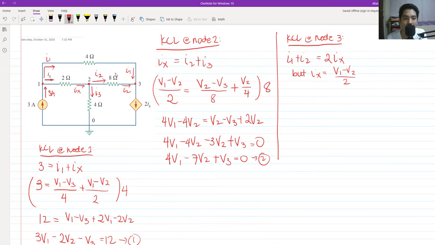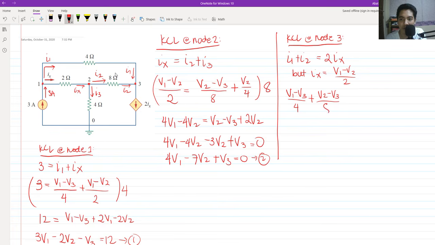So we already have the value of I1, from V1 minus V3 all over 4. So our I sub 1 would be V1 minus V3 all over 4, plus I sub 2, which is V2 minus V3 all over 8. We have already written that.